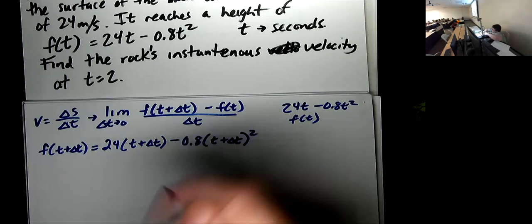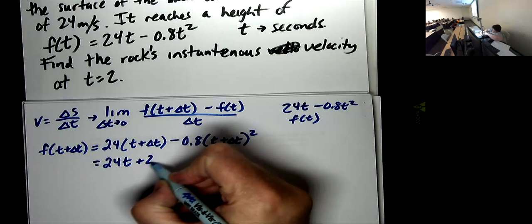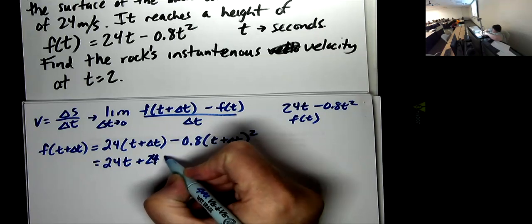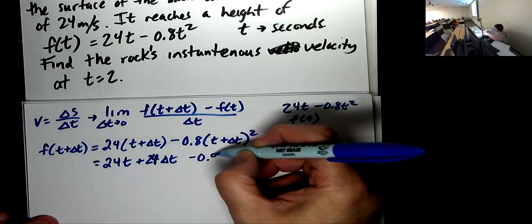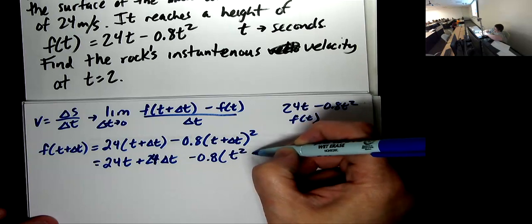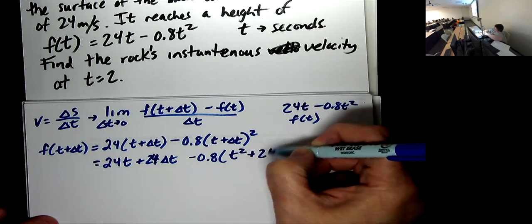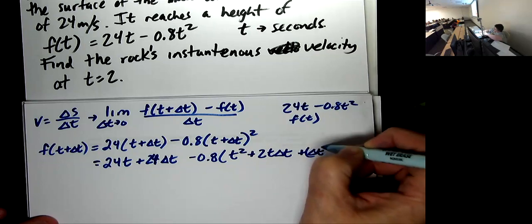And we've got some cleaning up to do here. This is 24t plus 24 delta t, and I have minus 0.8 times t squared plus 2t delta t plus delta t squared.